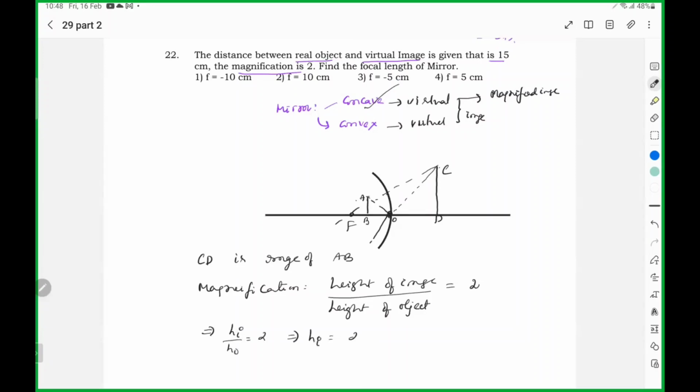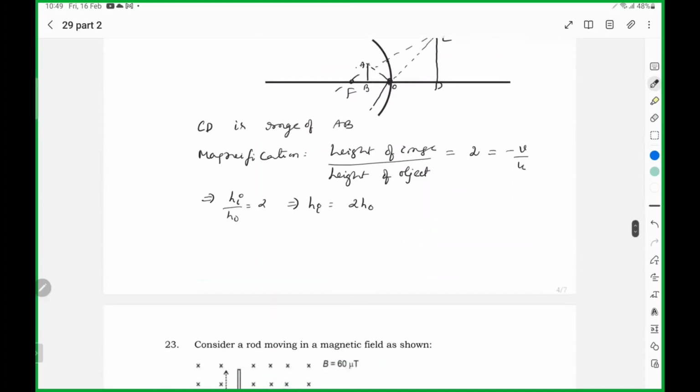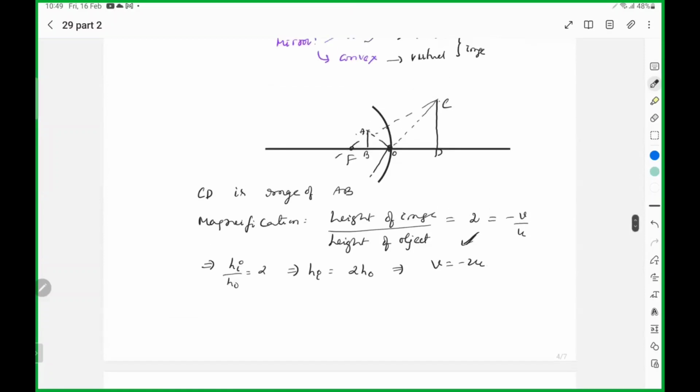Height of image is 2 times h naught, which is minus V by U. That means from here V will be minus V. But here U is, we will consider minus U. So here it is plus V. So we'll write like this.